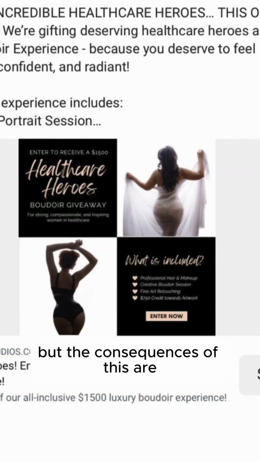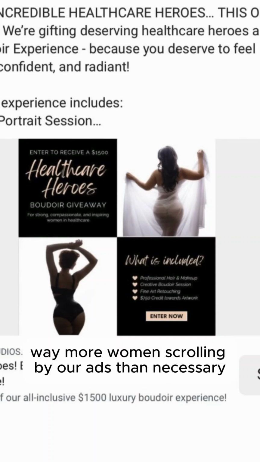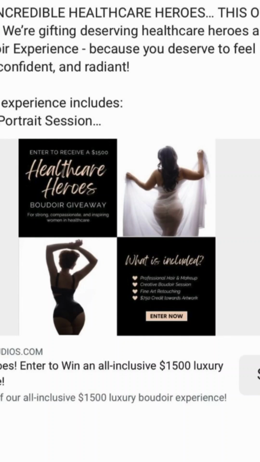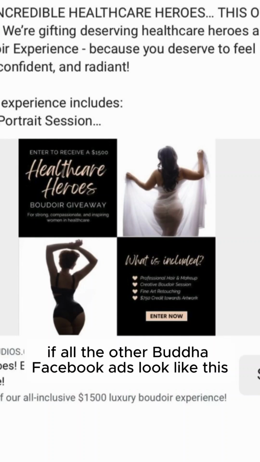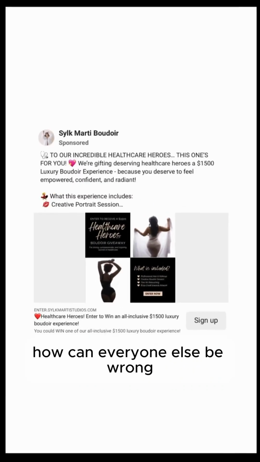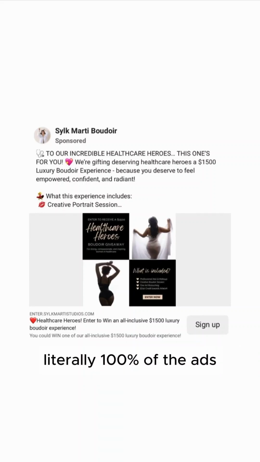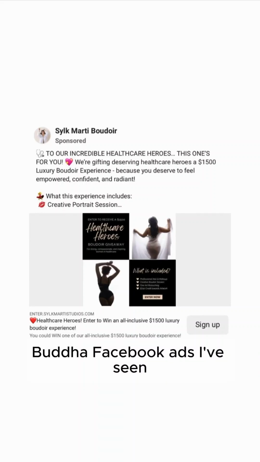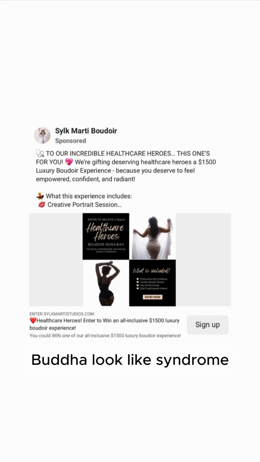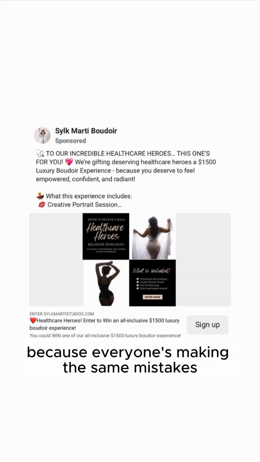But the consequence of this is way more women scrolling by our ads than necessary. A common question is, well, if all the other Boudoir Facebook ads look like this, how can everyone else be wrong? It's because everyone else that I've seen has BLCS. Literally 100% of the Boudoir Facebook ads I've seen the back ends for have had BLCS, Boudoir low click syndrome, because everyone's making the same mistakes.